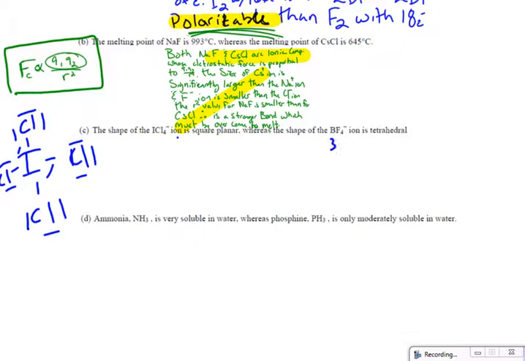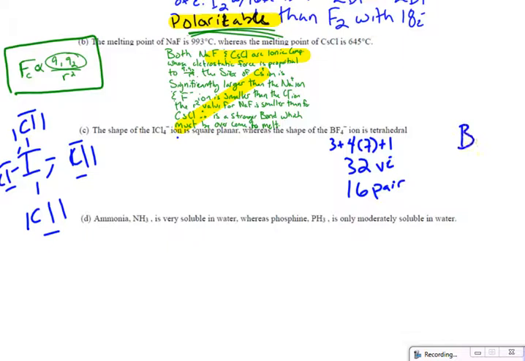I got boron with 3 valence electrons, and I have 4 times 7 plus 1 more for the charge. So I have really 4 times 8. I've got 32 valence electrons, so that means I've got 16 pairs.